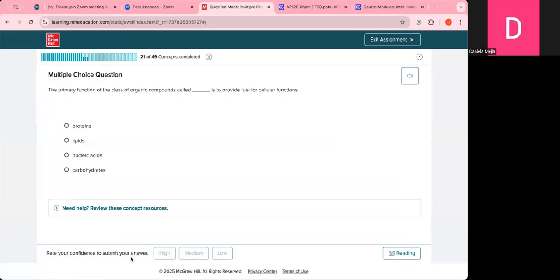The primary function of the class of organic compounds called blank is to provide fuel for cellular functions. So which of the choices provides fuel for cellular functions? Proteins, lipids, nucleic acids, or carbohydrates?